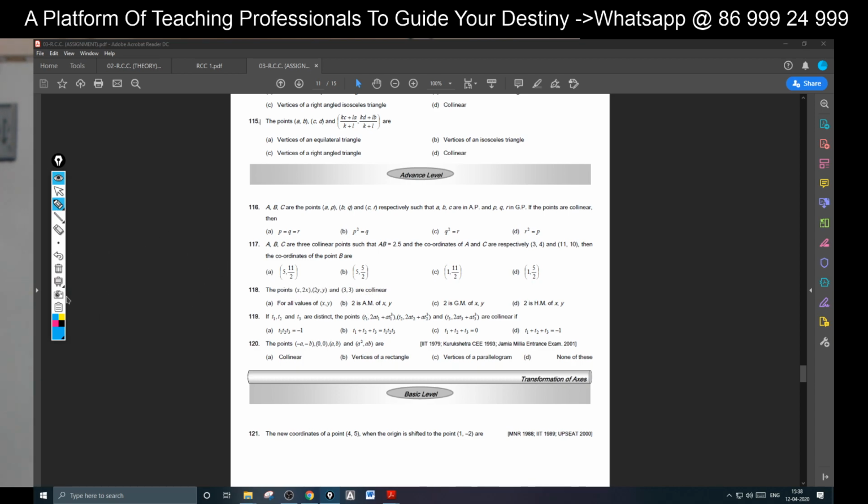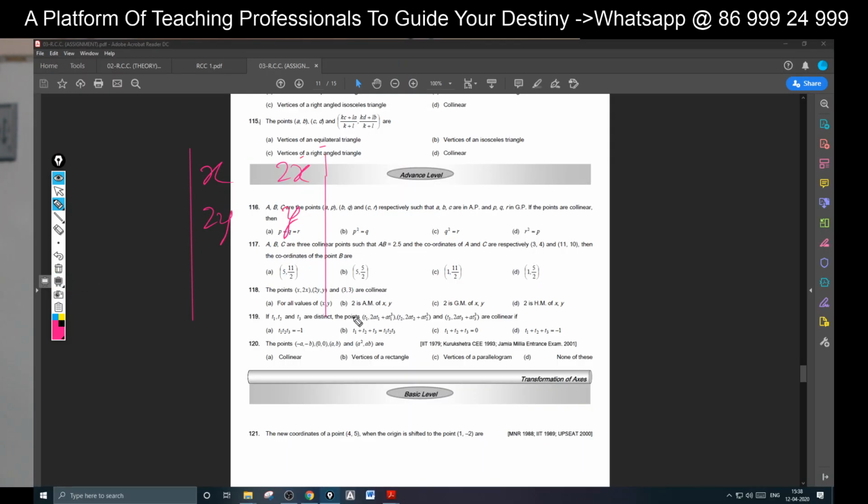So let us do that. When they are collinear, the area must be 0.